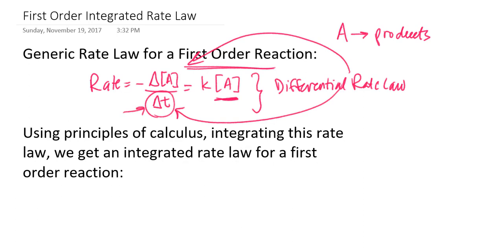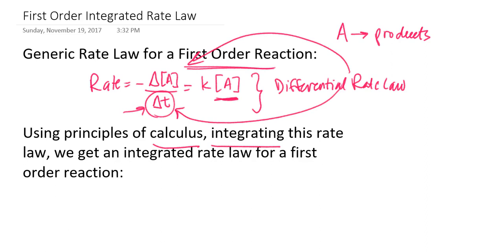And so in order for me to do that, basically it involves a little rearrangement and a little bit of calculus. Specifically, I need to integrate this rate law equation. Now, if you are not taking calculus, don't panic. If you are taking calculus and you haven't studied integration yet, that's fine. Don't panic.